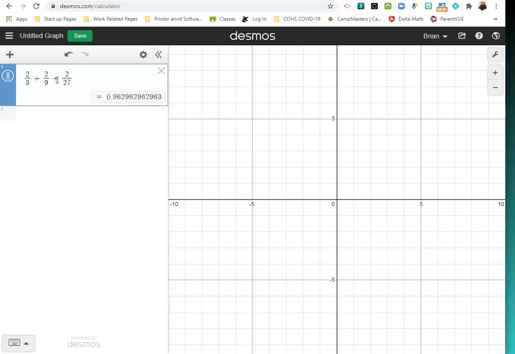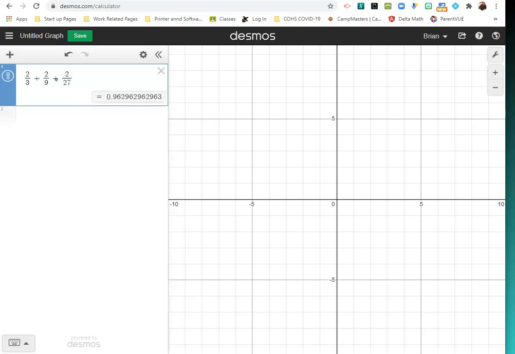Let's add a couple more even though they're not in it. If you look at the number, it seems to be getting closer and closer to 1, right? Plus 2 divided by 27.